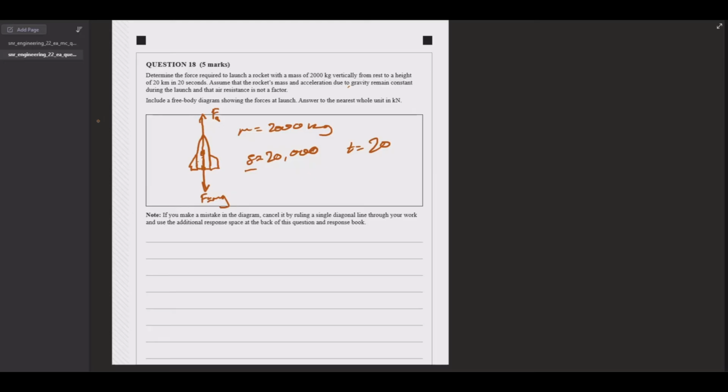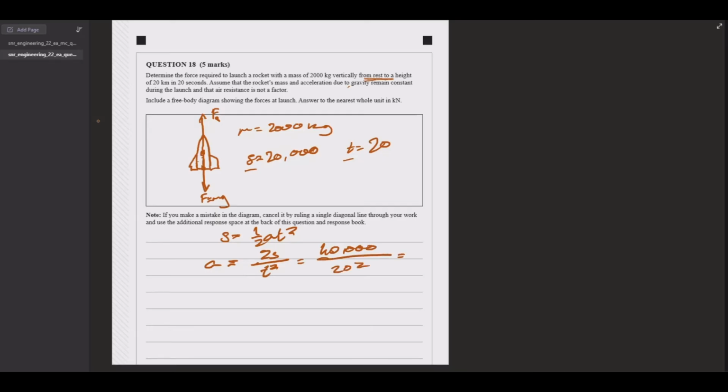Alright, so we have displacement and we have time. And we know that the initial velocity is 0, so we should be thinking your standard half a t squared, and then we just rearrange for a, so 2s on t squared. And it's going to give us 40,000 over 20 squared.